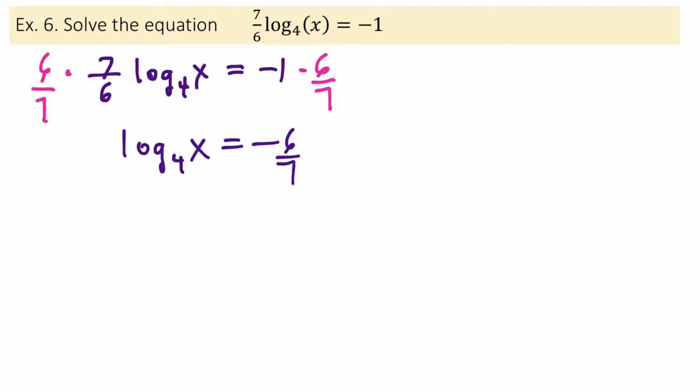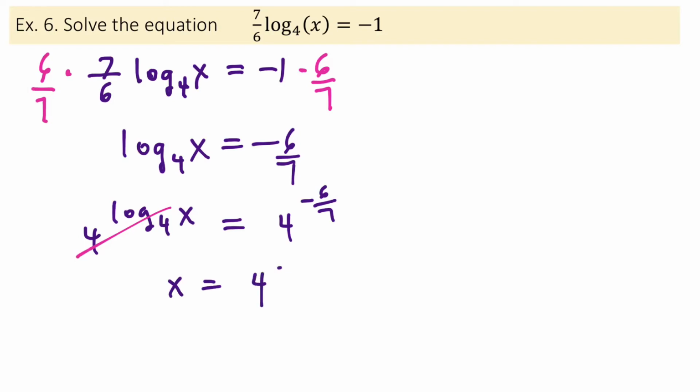Now we're going to raise everything by the base 4 to undo the log base 4 to get to the x. So this is 4 raised to the minus 6/7 power. All right, so that gets rid of this, it undoes the log. So we've got x is equal to 4 raised to the negative 6/7 power.